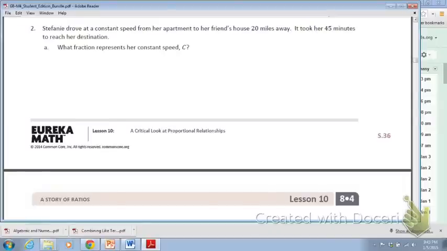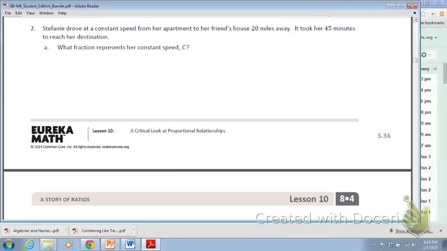All right, let's look at exercise 2 now. And again, you could work ahead on this one and then come back and turn the video back on and check your work. Okay, so Stephanie drove at a constant speed from her apartment to her friend's house 20 miles away. It took her 45 minutes to reach her destination. What fraction represents her constant speed?